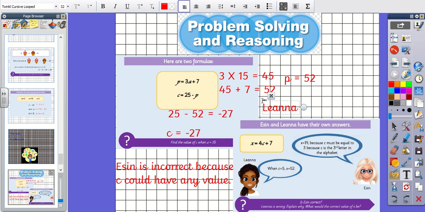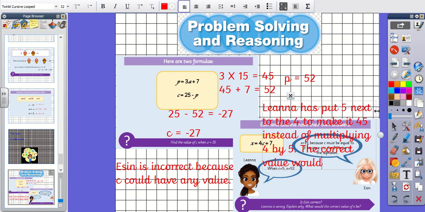So let's find out why then. So Liana has put 5 next to the 4 to make it 45 instead of multiplying 4 by 5. The correct value would be 27.